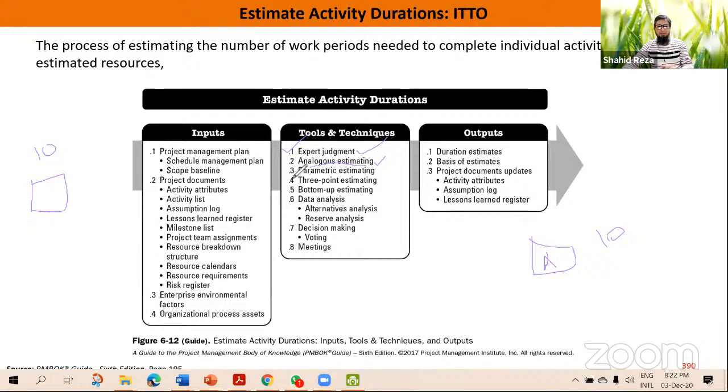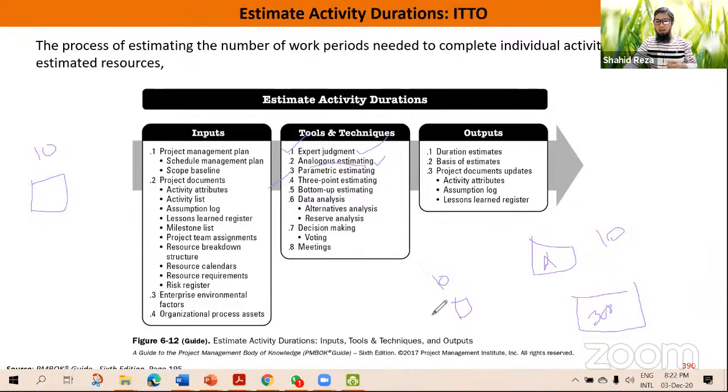Then let's discuss parametric estimating. Parametric estimating, we actually use very frequently. For example, say we are going to put tiles on our floor. If one tile takes 10 minutes to put on the floor, and the floor size is say 300 square feet, then we can easily calculate how much time we need to finish the floor.